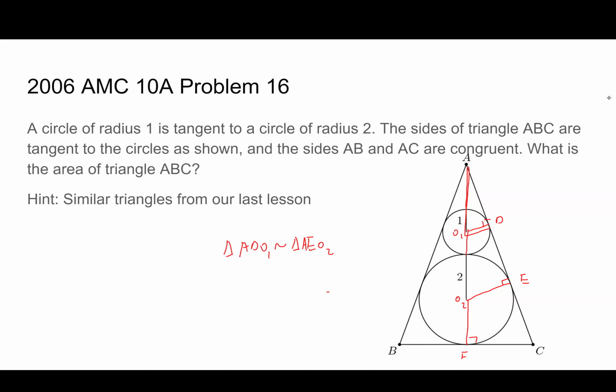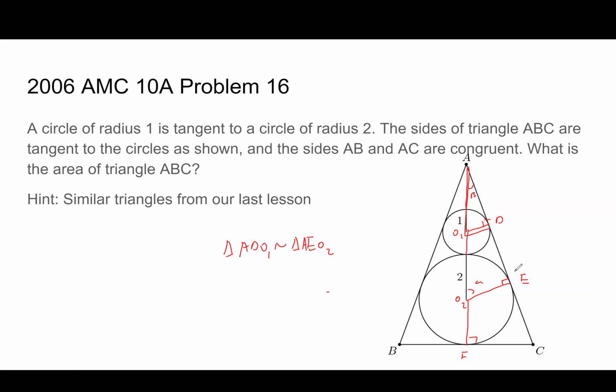Yeah, Tracy is right. Now, what about triangle AFC? If we look at this angle here, and say that this is alpha, and angle O2AE, this angle here, is beta, then alpha plus beta equals 90, because it's a right angle triangle.